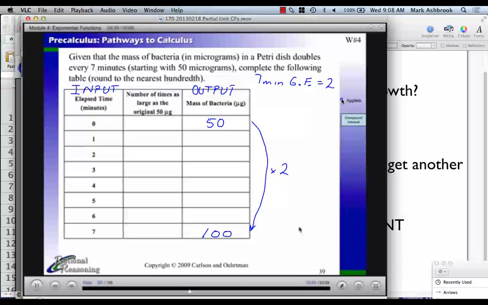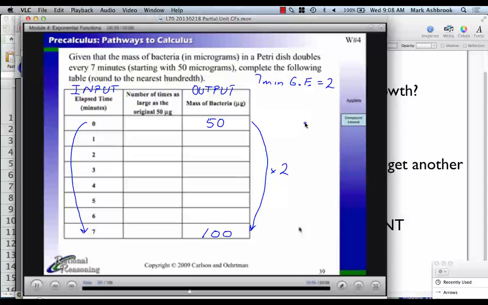Where is there a reference to input? The 7 minutes, right? So the 7 minutes is saying that if we advance 7 minutes of input, our output is going to be multiplied by 2 over those 7 minutes. Okay, so now with many growth factors, we have input involved, right? So the 7-minute growth factor is 2.